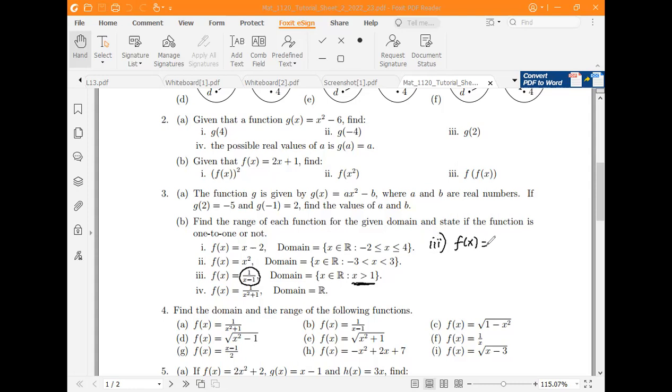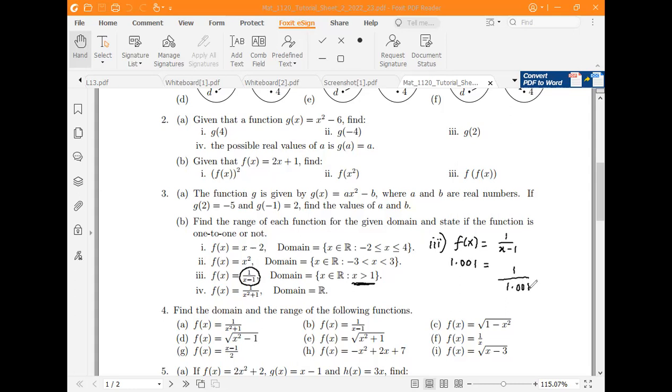we have f of x is equal to 1 over x minus 1. So if I use 1.001, so if after I subtract, I get 1.001 as the denominator, then I'm going to have 1 over 1.001.